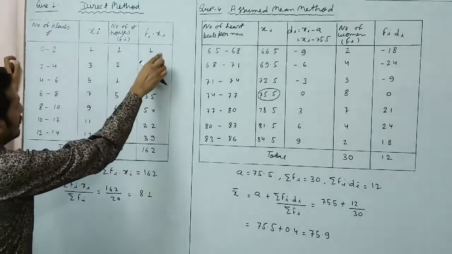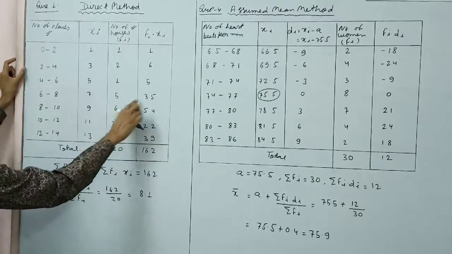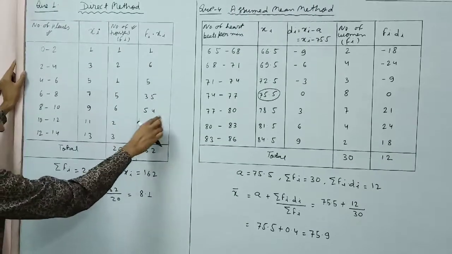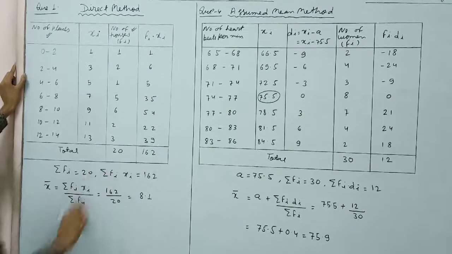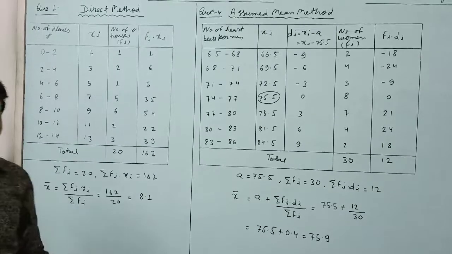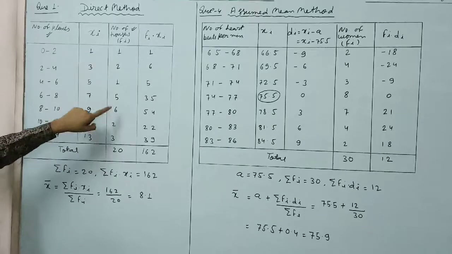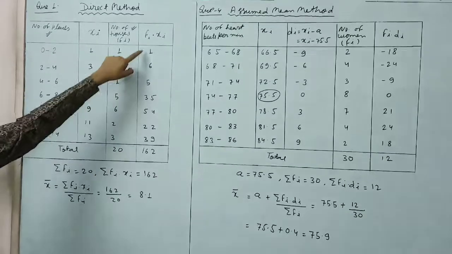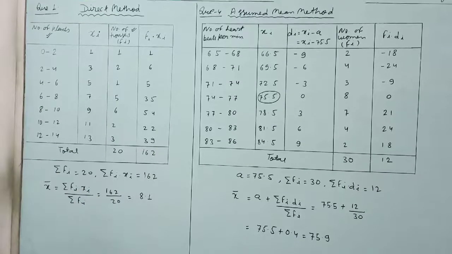So 1 into 1 will be 1, 3 into 2 will be 6, 5 into 1 will be 5, 7 into 5 will be 35, 9 into 6 will be 54, 11 into 2 will be 22 and 13 into 3 will be 39. Now sigma fi, sigma stands for summation. So the summation of the values in the fi column is 20 and the summation of the fi xi column is 162.